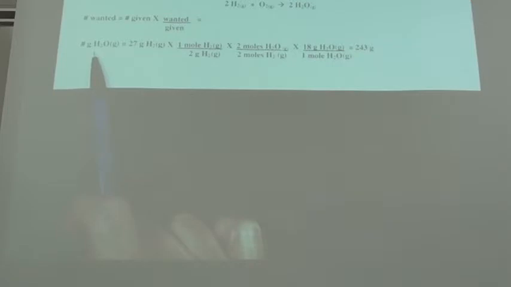I want to know how many grams of water that is. I need to convert the hydrogen gas to moles of hydrogen. Then I do my switch step, moving from one part, hydrogen, to another part of the balanced equation, using the coefficients. Now that I'm talking about moles of water, I use the molar mass of water, and that gives me the answer of 243 grams.